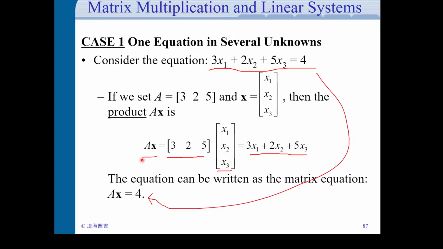And we check that Ax equals 4 gives this equation. Because we have A like this, X like this, then Ax will be 3 times x1 plus 2 times x2 plus 5 times x3 by our matrix multiplication rule. So it is 3x1 plus 2x2 plus 5x3, and that's exactly the left-hand side of our equation.